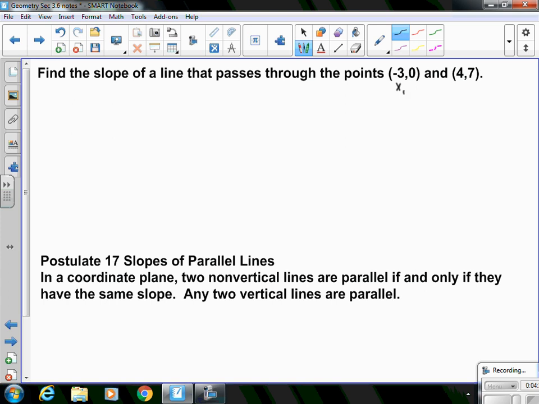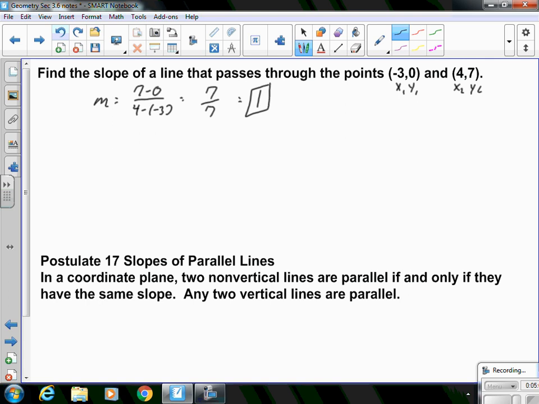If we look at these as x1, y1 and x2, y2, then our slope, lowercase m, is going to be y2 minus y1, so 7 minus 0, over x2 minus x1, so 4 minus -3. That's going to be 7 over 7, for a slope of 1.